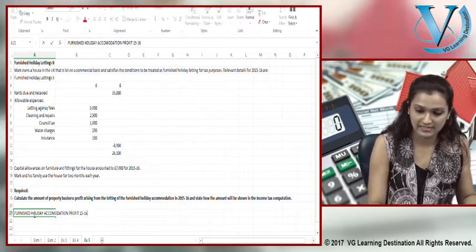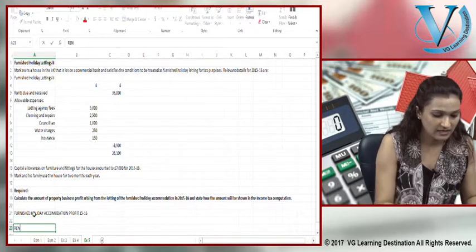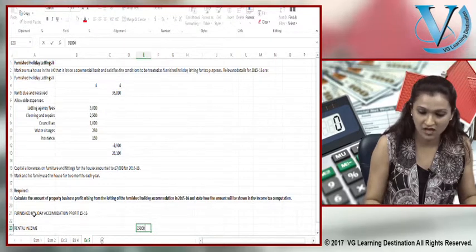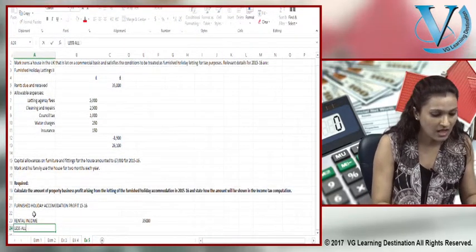First, you begin with the rental income. How much rental income is given to us? 35,000. What next? From your rental income you are going to reduce your allowable expenses.